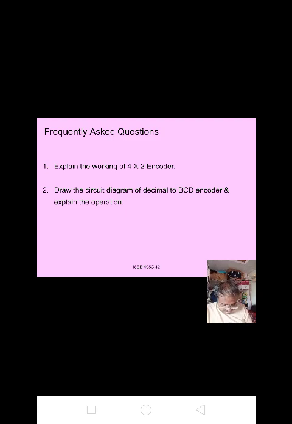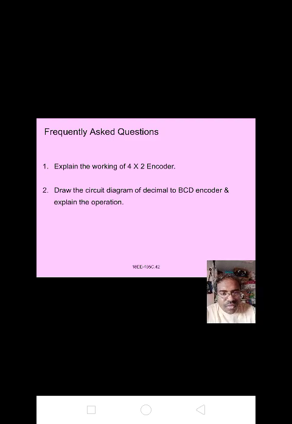We can connect the above expression values here, and we can clearly draw the diagram for the decimal to BCD encoder, that is the basic logic diagram for the decimal to BCD encoder.